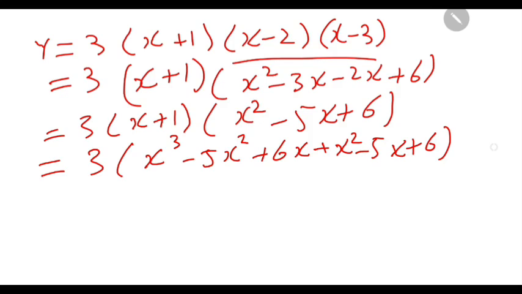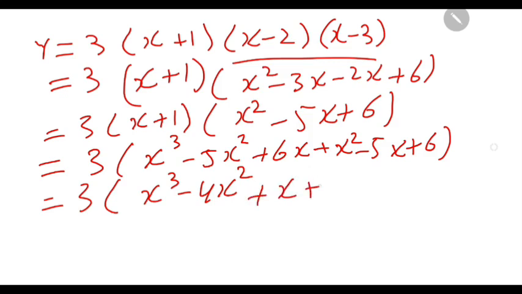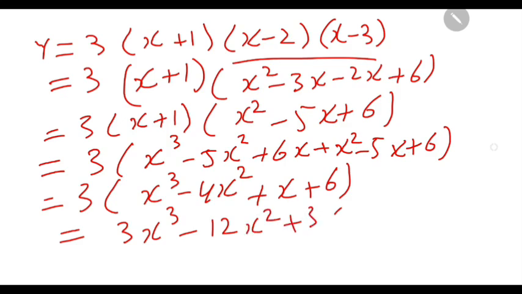Now I'm gonna combine the like terms. This becomes x power 3 and negative 4x square. So I combine the like terms, so this is my answer. Now I'm gonna multiply 3 inside, so this becomes 3x power 3 negative 12x square plus 3x plus 18.